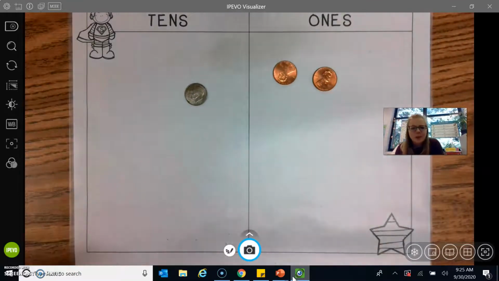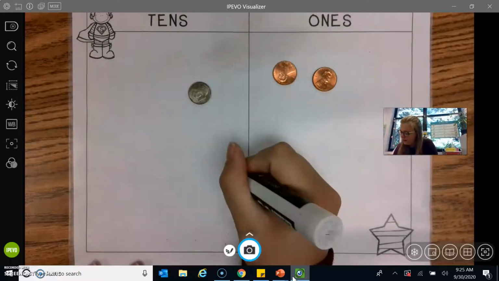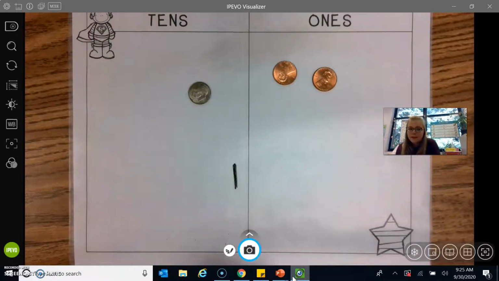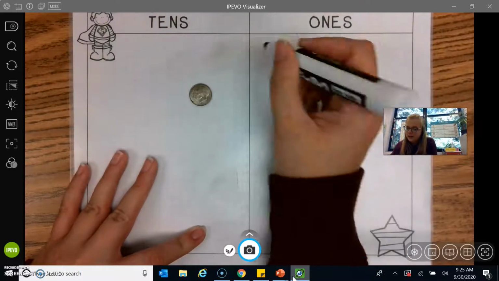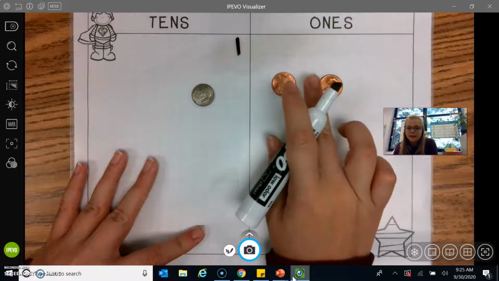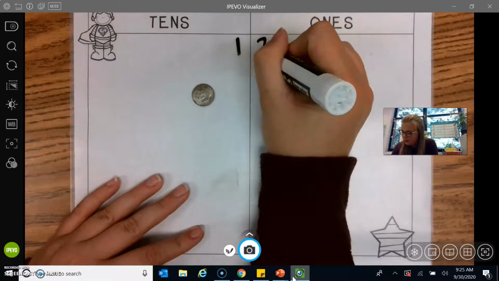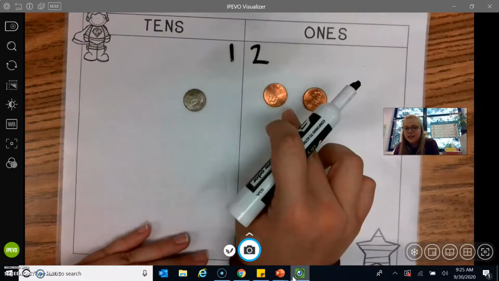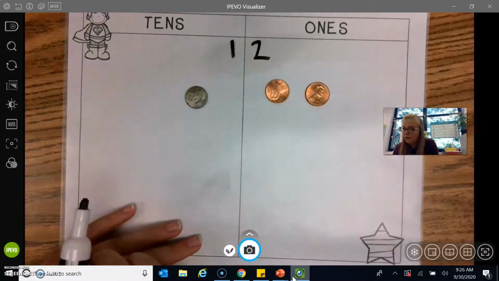What is this worth? Well, I have one group of 10, and I have 2 ones. So one group of 10 and 2 ones is the number 12. 10, 11, 12.